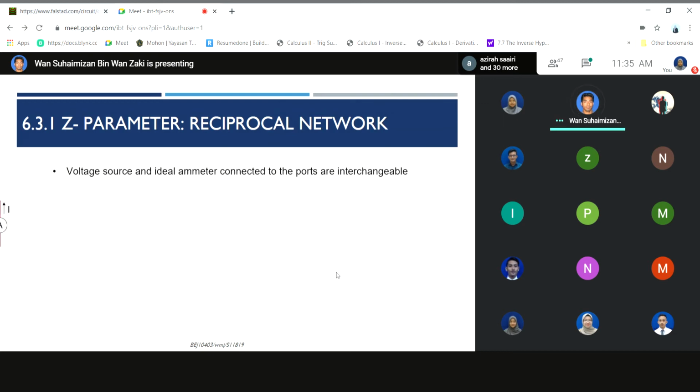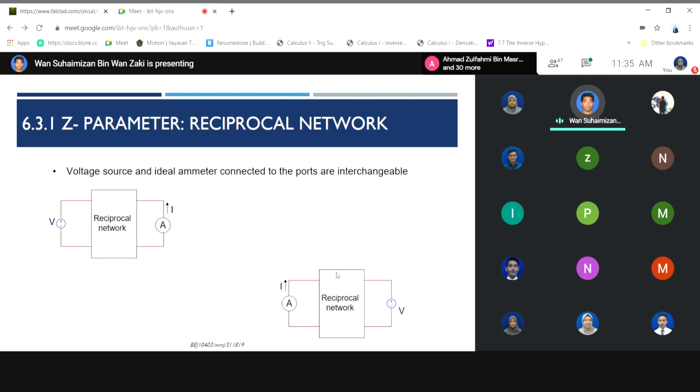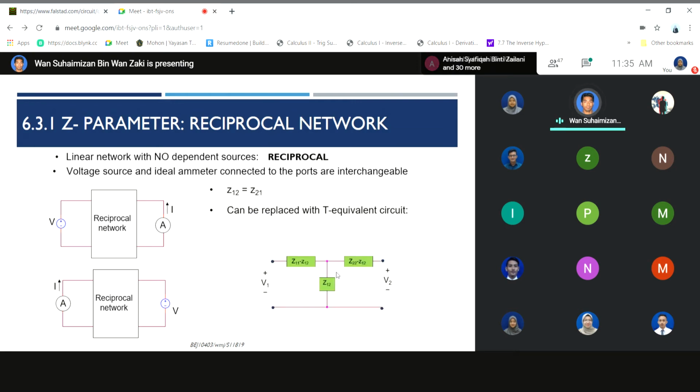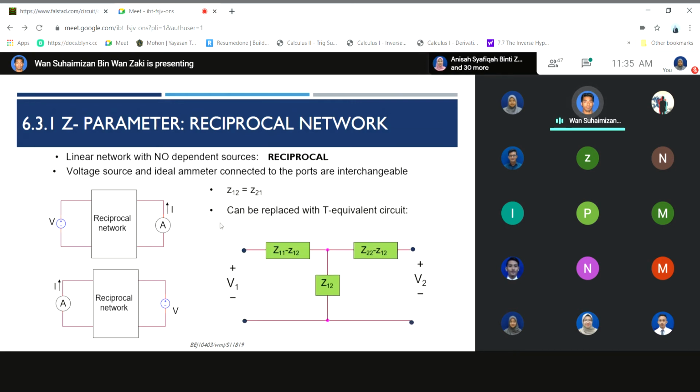If the Z parameter is reciprocal, you can represent the equivalent with a simpler model like this, right?